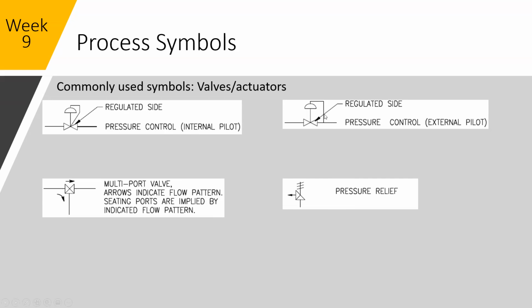This pilot line will be connected to the control pressure and then run into the diaphragm. So as the pressure goes up or down on this side, it would act upon the diaphragm plunger to open or close the valve. So you can use the system pressure as a surge protection, for example.